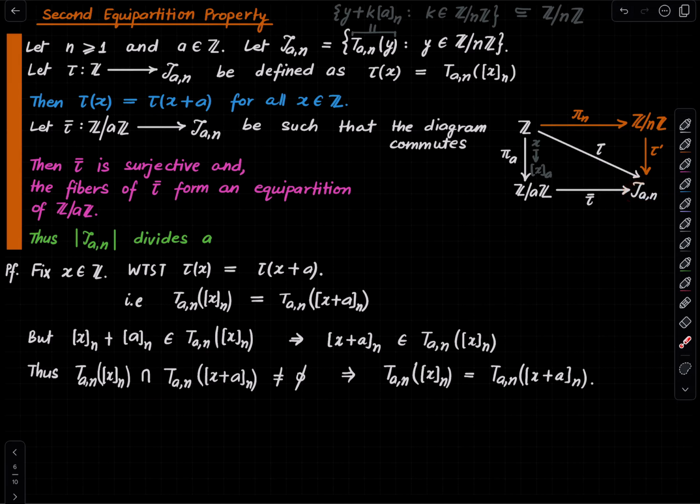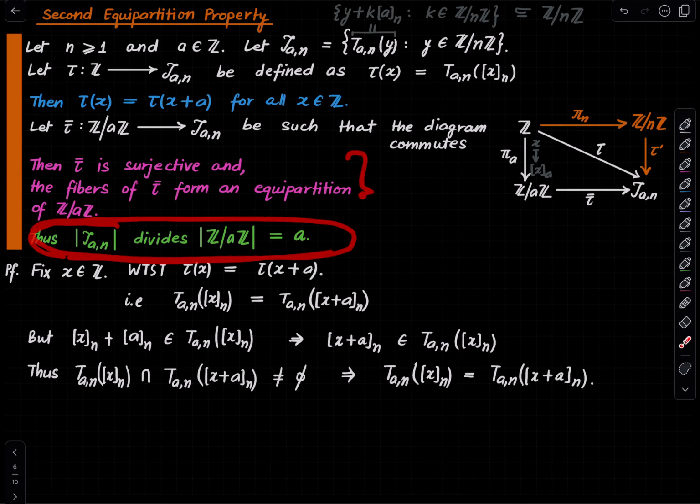And now any two fibers have the same size. So clearly the number of fibers will divide the size of Z mod aZ. Maybe I'll write it as the size of Z mod aZ. That will make it more clear. So this is part of the conclusion. I mean, this is just a corollary of the pink thing, but this is crucial.